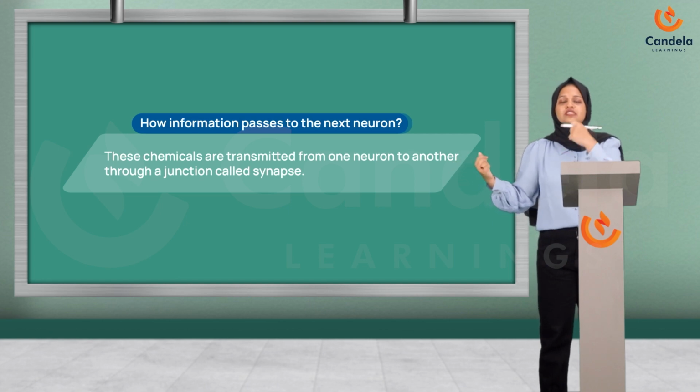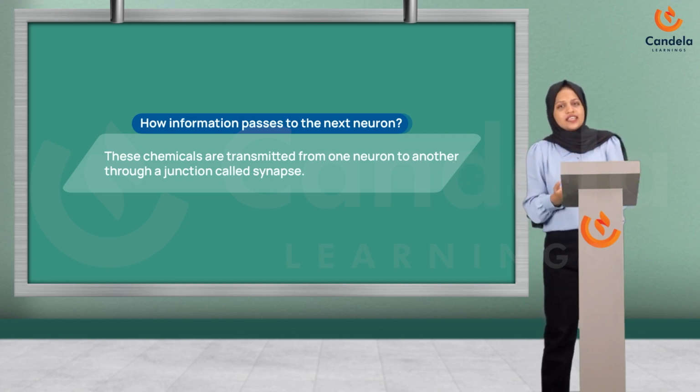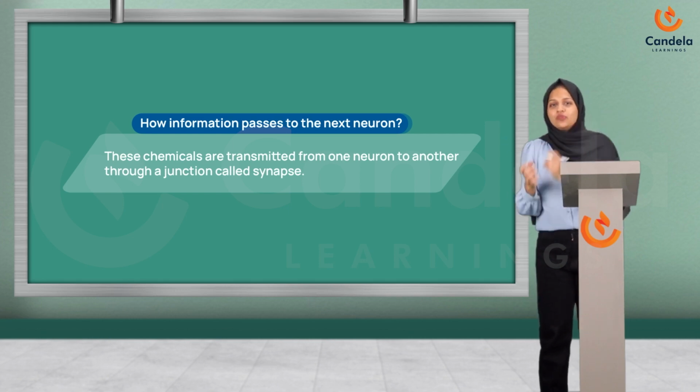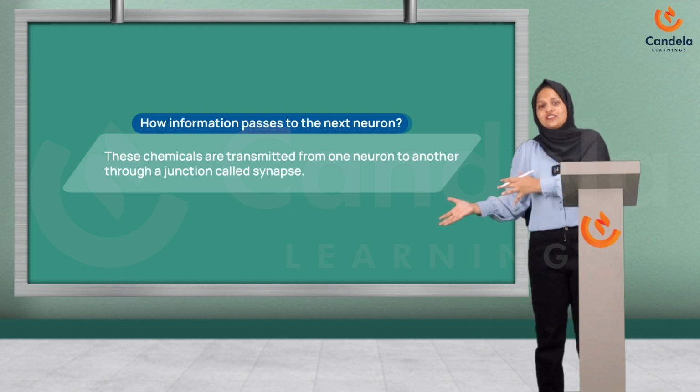Now we already said that the synaptic nerve secretes neurotransmitters, and within them our electrical impulse is present. The neurotransmitters give that electrical impulse to the synapse. Now what does the synapse do? It takes that impulse and gives it straight to the dendrite of the next neuron.